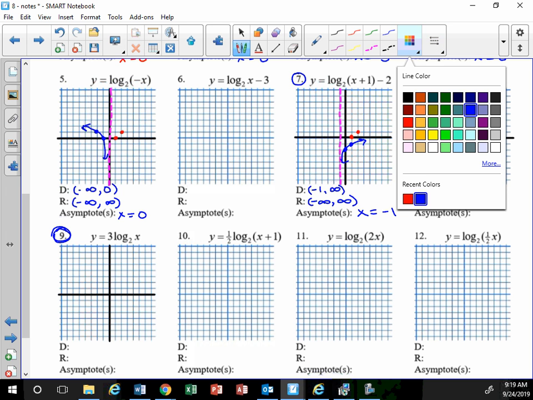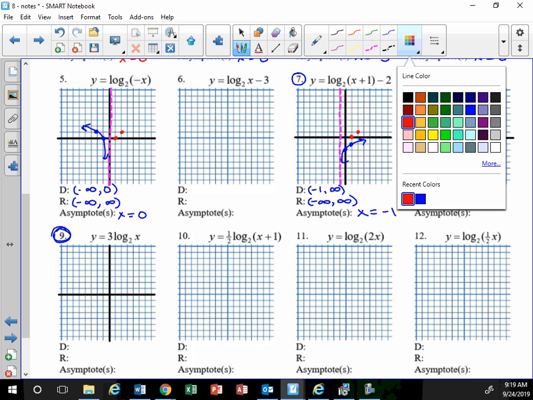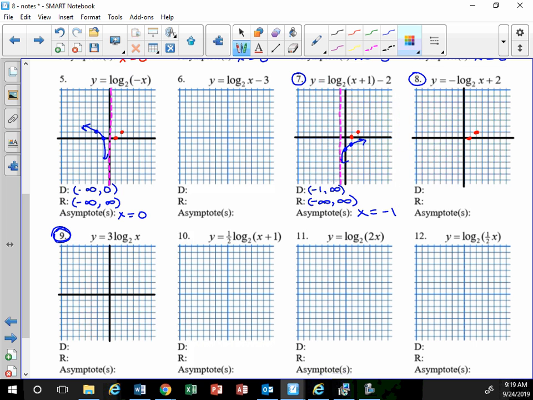All right, 8. You have to do the flipping before you do the shifting. So that's flipping over the x-axis. So my green dots are second. Then I have to go ahead and move it up 2 from there.